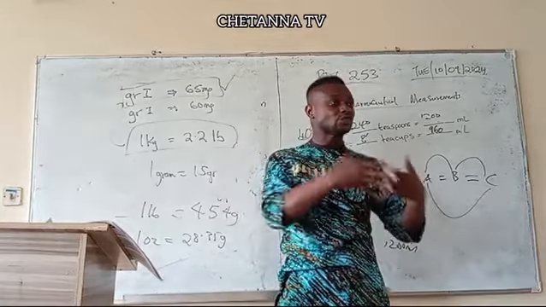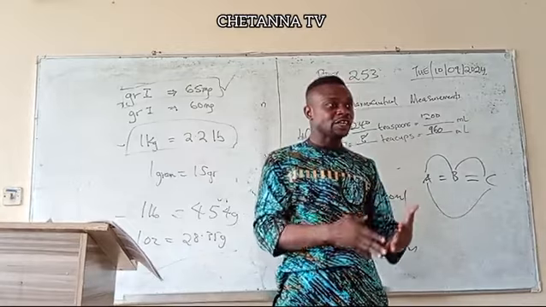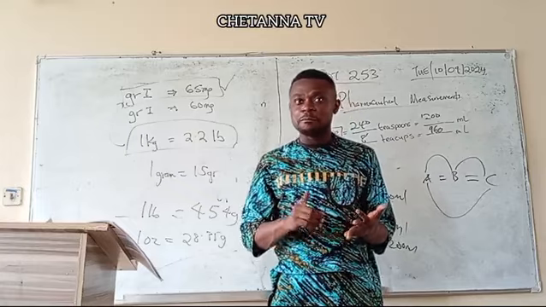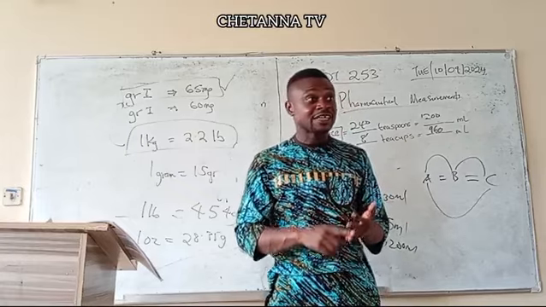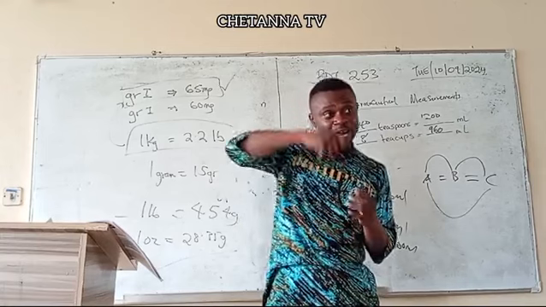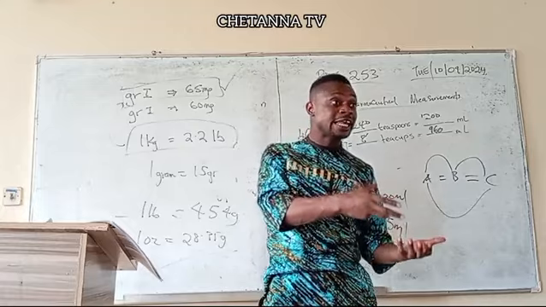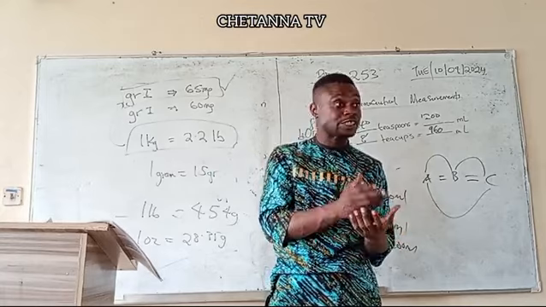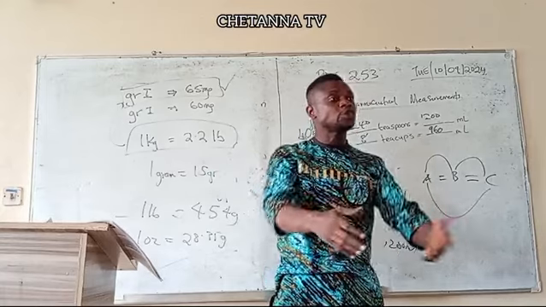But there are situations whereby the weighing balance you have or the cylinder you have cannot effectively measure the volume you want to measure or weigh the weight you want to weigh. So what do you now do?